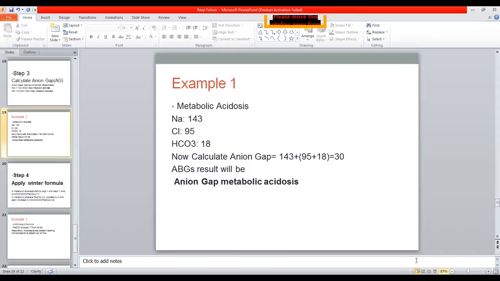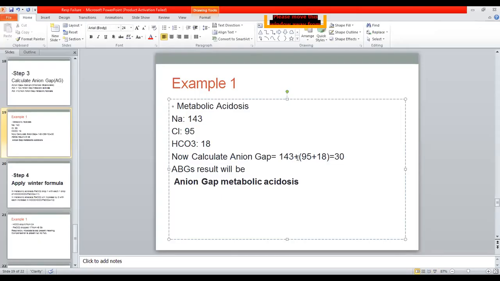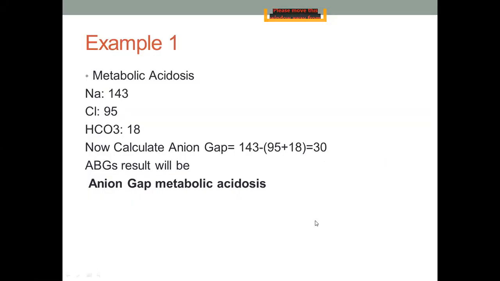Again, sorry, this is not plus, this is minus. So 143 minus 95 plus 18 is equal to 30. So the anion gap is more than 12. So this patient has anion gap metabolic acidosis.